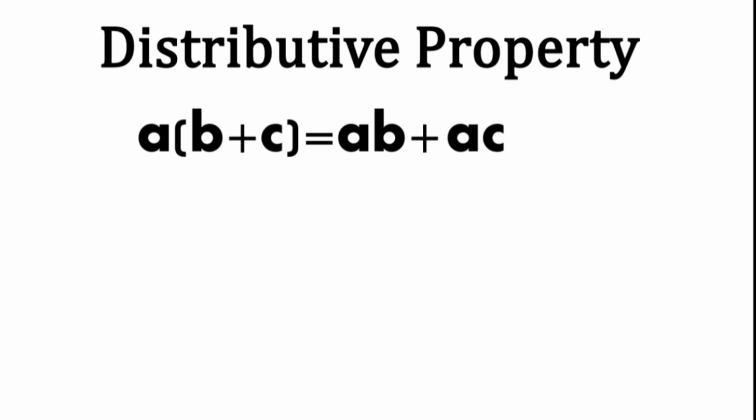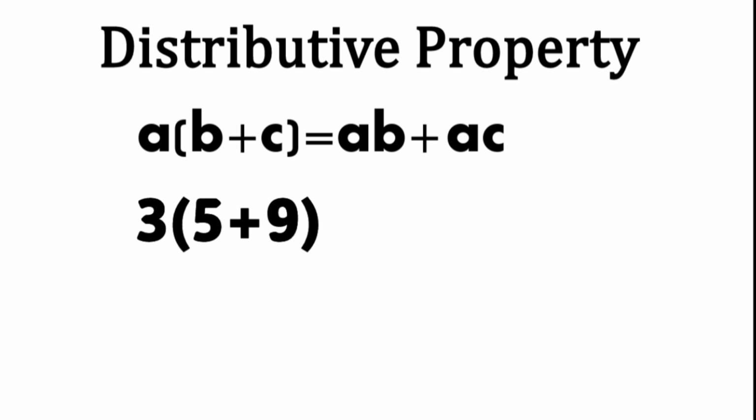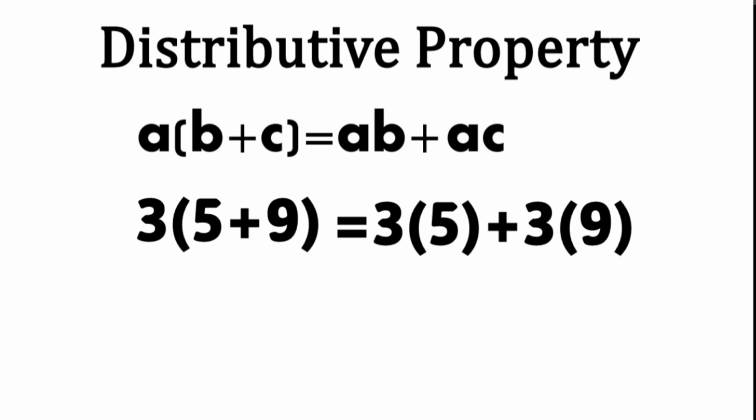For example, we have here 3 times the quantity 5 plus 9. You distribute 3 to 5 and 9. So first multiply 3 to 5 and then multiply 3 to 9. Then 3 times 5 is 15 and 3 times 9 is 27.